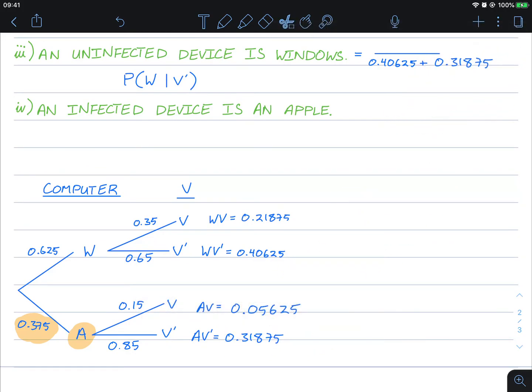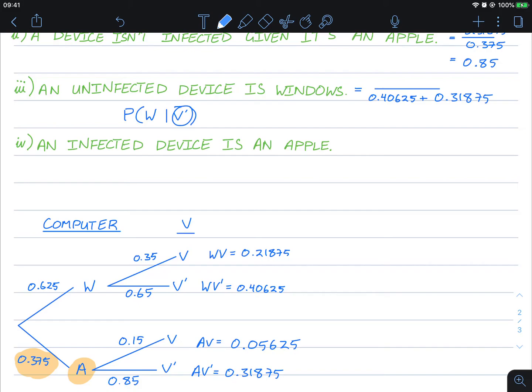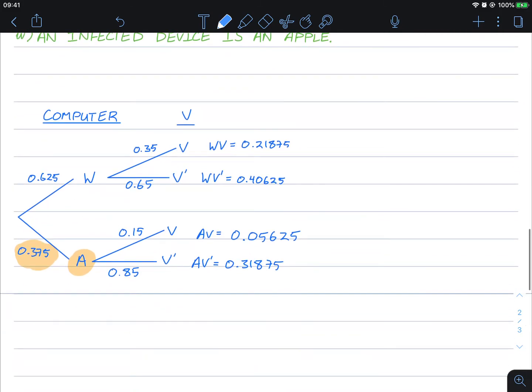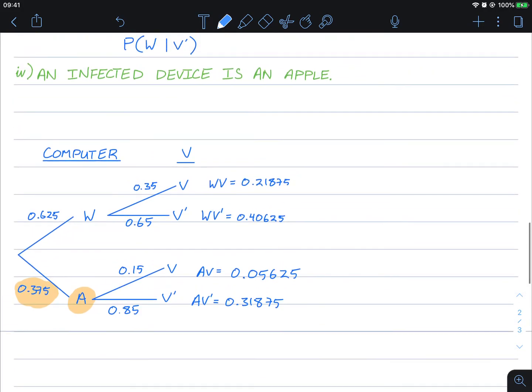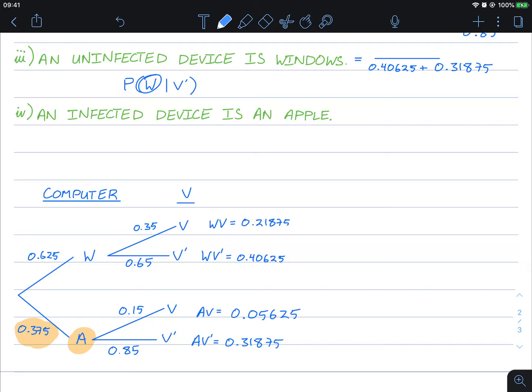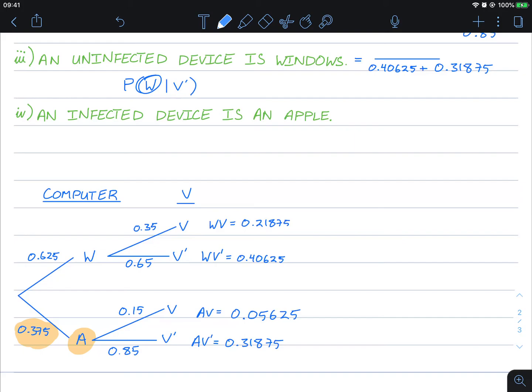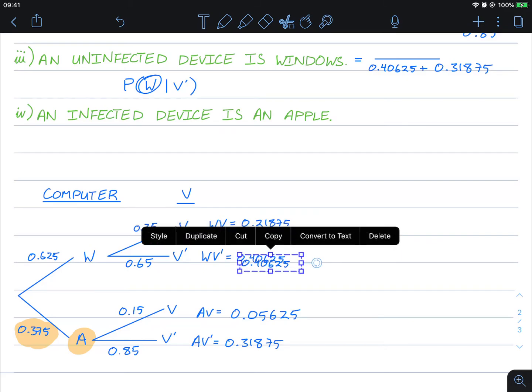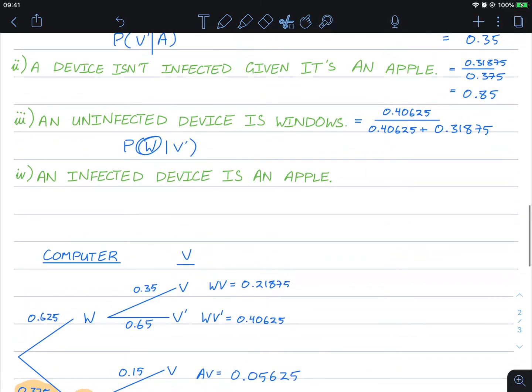Again, the reasoning for this is the condition is that it is not infected. So we are concerned with only those that have that condition, V prime. These two have that condition. W is now this one here, 0.40625. So this is the Windows within the given condition.